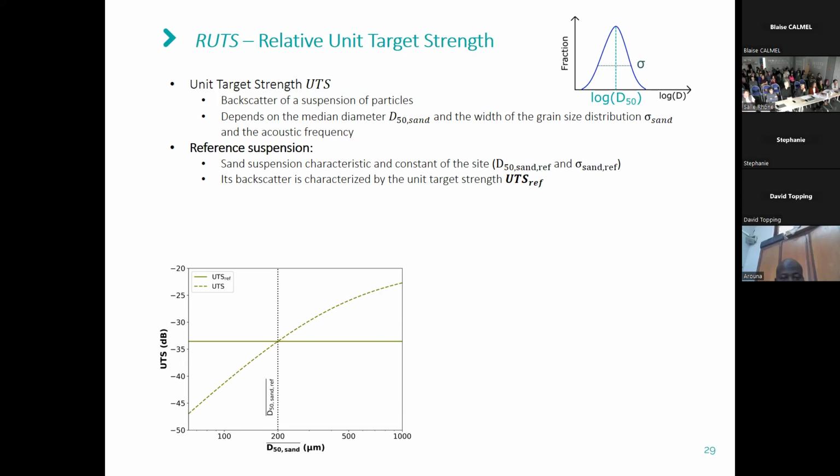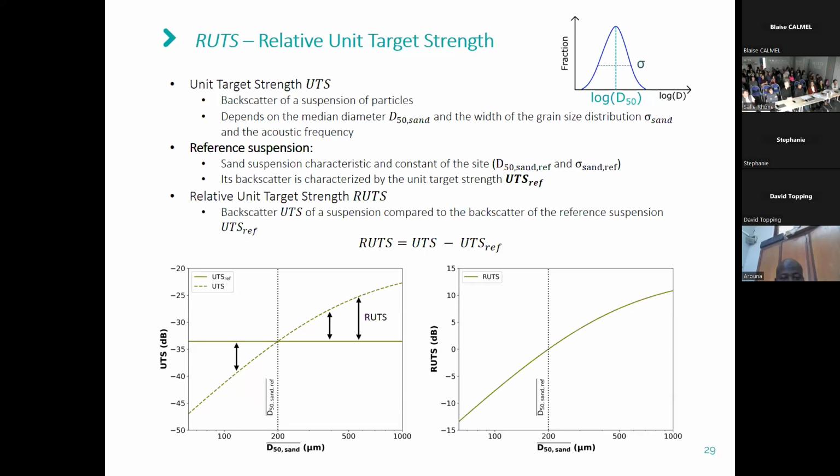At the same time, the suspension in the river is still changing, with changing grain sizes. So we can calculate the unit target strength for all different grain sizes that may occur at our study site, which is here the UTS at this dashed line. In the next step, we may determine the difference between the UTS of all our possible grain size distributions compared to our reference suspension, which gives our ROOTS.